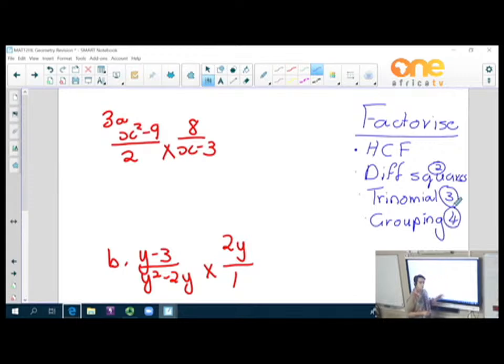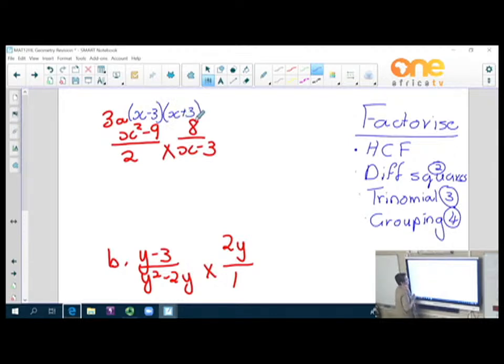So we are also looking now at factorization again. If you don't understand, please try to follow now here. I always have to check for highest common factor. Don't see anything here. This is the difference between squares. So I'm going to factorize this one, and this is then x minus 3, x plus 3.